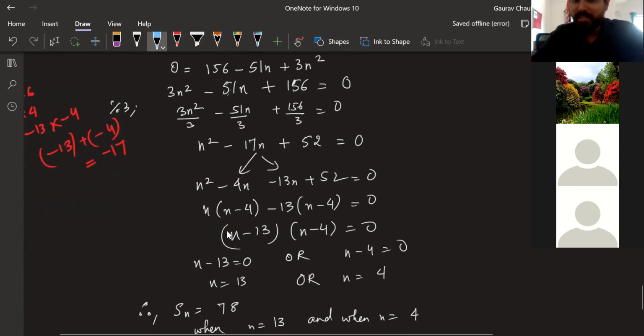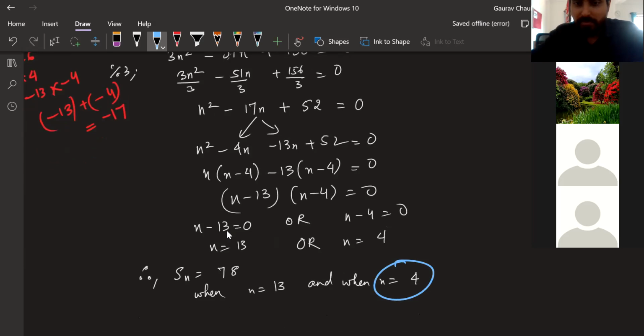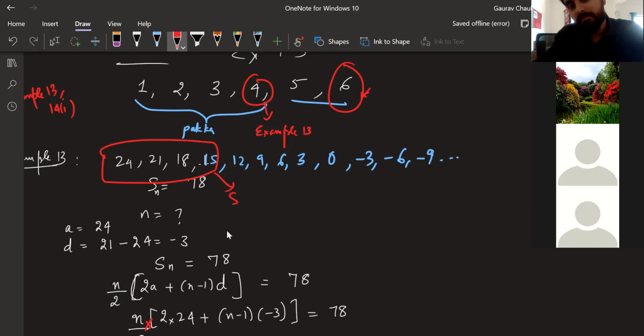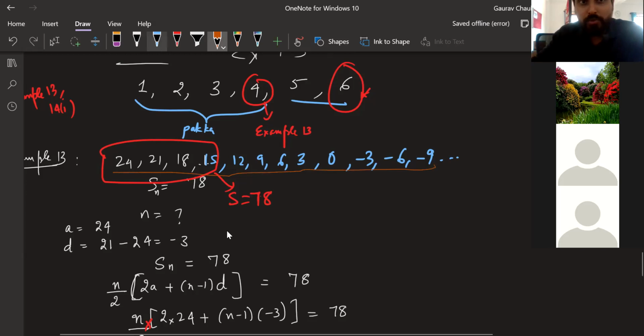Now, if you see 4 terms, that is the first 4 terms, if you add 24 plus 21 plus 18 plus 15, this time also you will get the sum as 78. But if you add 13 terms, which is 1, 2, 3, 4, 5, 6, 7, 8, 9, 10, 11, 12, let's write one more term.